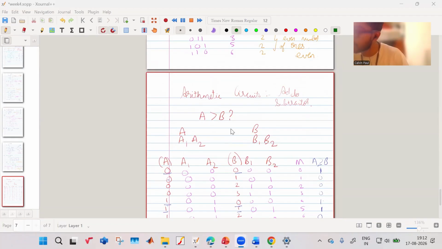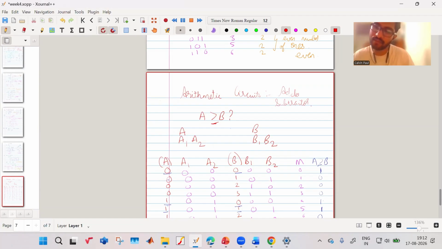I have a question. I want to find the circuit that will enable me to detect when A is greater than or equal to B. Many times we have the competition, that I want to be better, or at least the same as my friends.